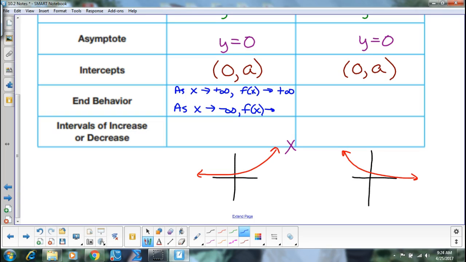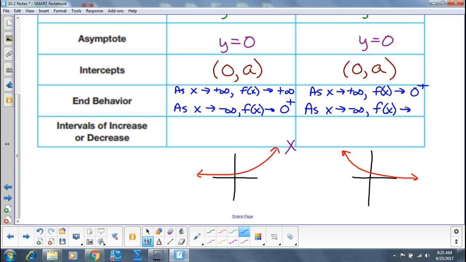As x approaches negative infinity, what's my function doing? It is not approaching negative infinity. It's approaching 0 from above. In a decay, as x approaches positive infinity, my function approaches 0 from above. As x approaches negative infinity, my function goes to positive infinity. A function can never be negative.